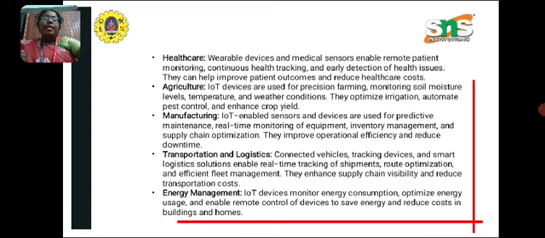They enhance supply chain visibility and reduce transportation cost. In energy management, IoT devices monitor energy consumption, optimize energy usage, and enable remote control of devices to save energy and reduce cost in buildings and homes.